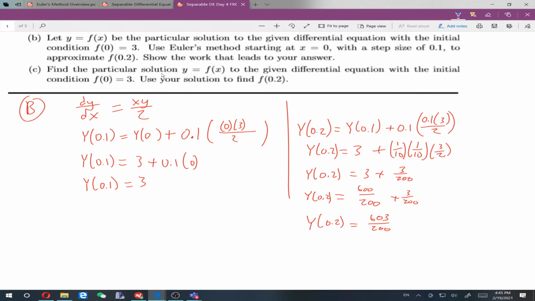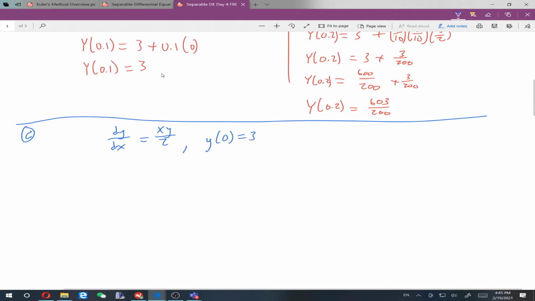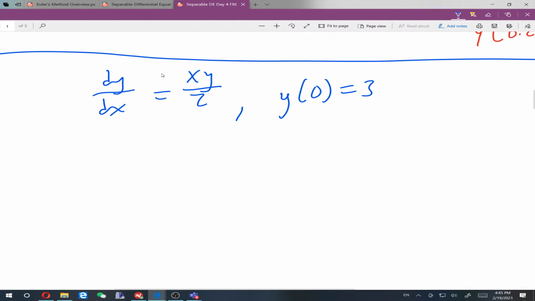I'm going to change colors. Part C. Okay, dy over dx is xy over 2, and we were given that y at 0 equals 3. Alright, Kyle, back to you. How do I solve for y in this equation?